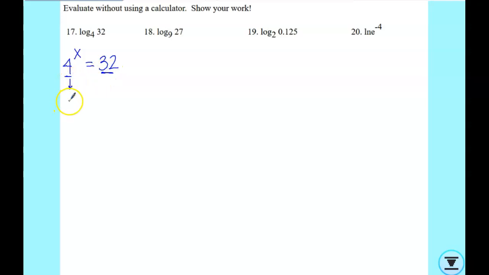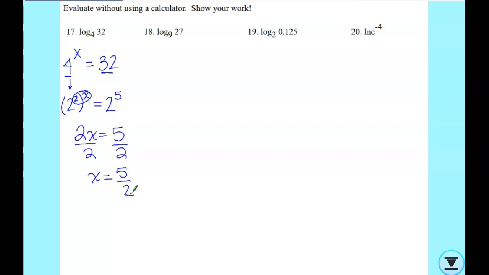So 4 is the same thing as 2 squared, and then we still have this x at the top. And then 32 is the same thing as 2 to the 5th. Since our bases are the same, they don't cancel out, we just don't use them to solve for x. So we would have 2x is equal to 5, divide both sides by 2, and x is equal to 5/2.